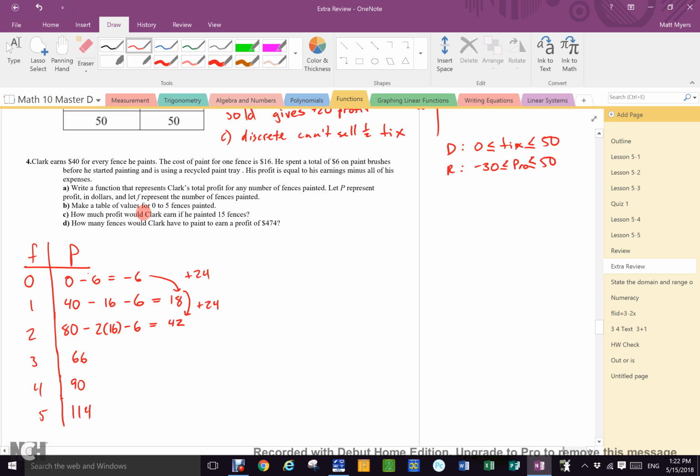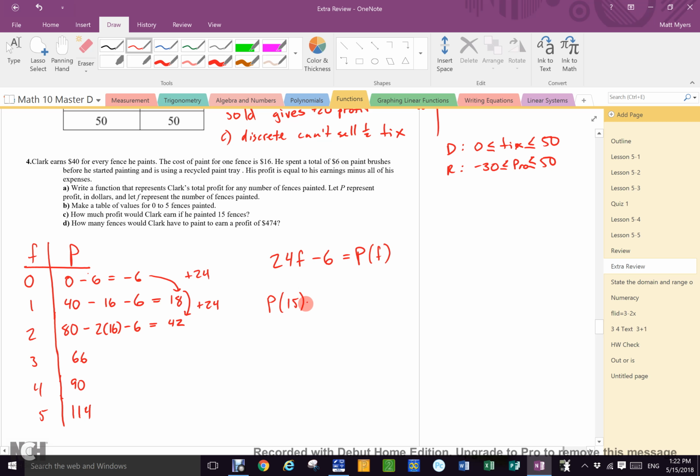What's the function? 24 times the fence minus 6 equals profit. There's your function. How much profit would he earn if he earned 15 fences? So profit of fences is that.